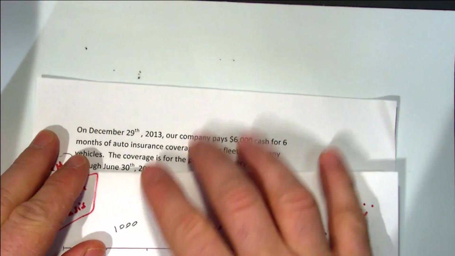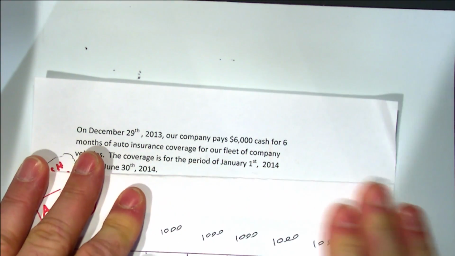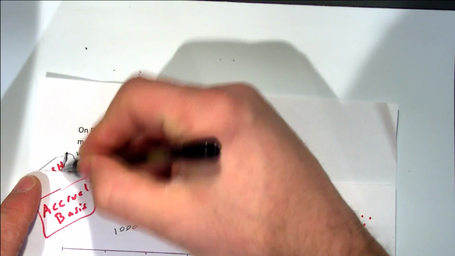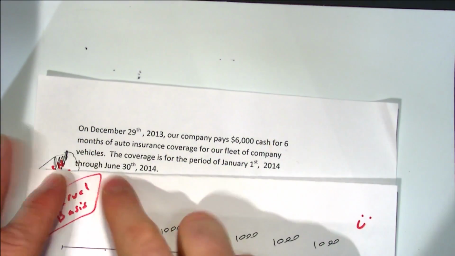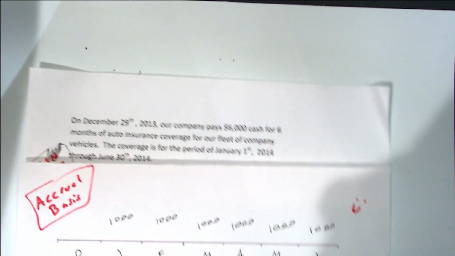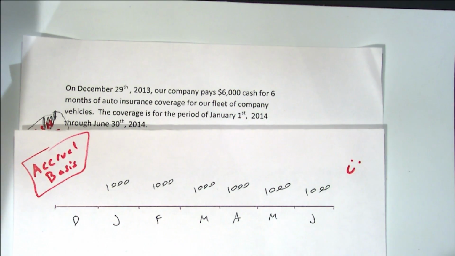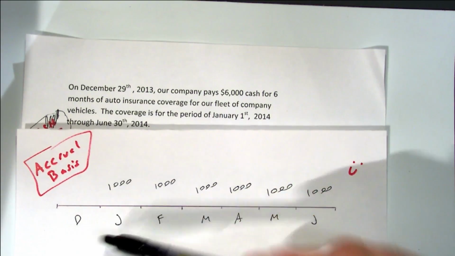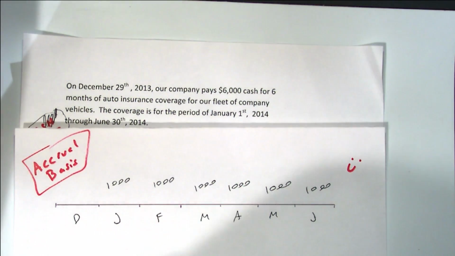So this is what we want to do. Ignore that. This is still our situation, but so we can follow the matching principle, we want to somehow be recognizing 1,000 worth of expense in each of those periods. Does that make sense? Okay.